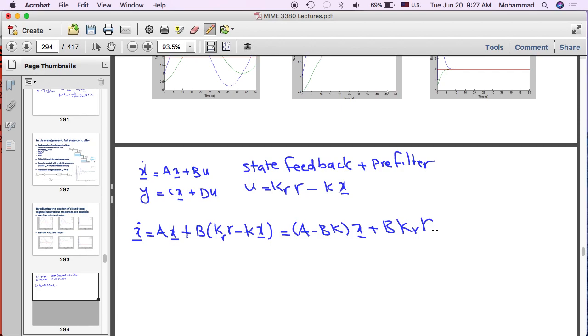So that's the dynamics of the system with the closed loop feedback control plus the pre-filter.